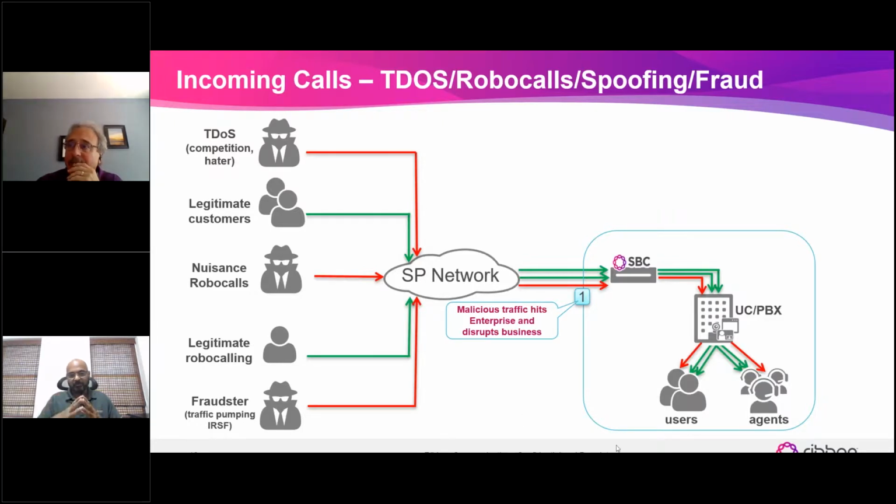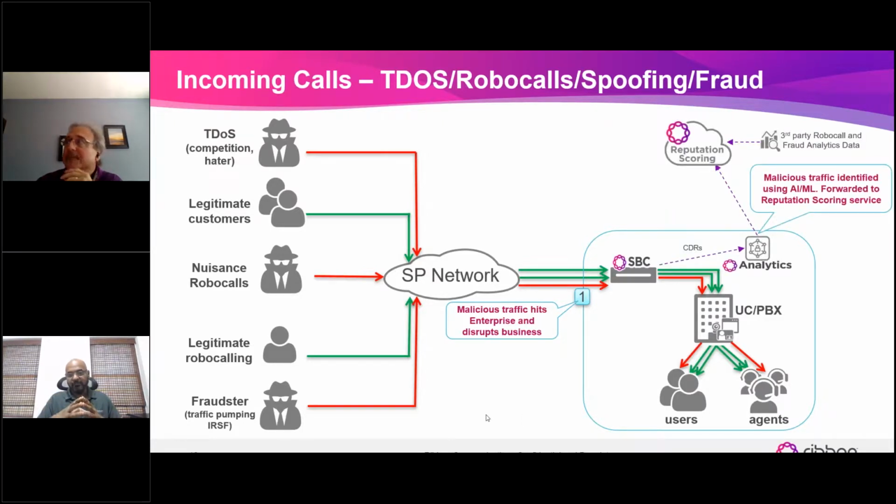So now if you click one more time, Dan, now we bring in the voice threat prevention solution using analytics that sits within the boundary of the enterprise, as shown in the picture. It looks at the enterprise's traffic patterns and detects anomalies, and then feeds them into the reputation scoring, which is a cloud-based Ribbon managed service.